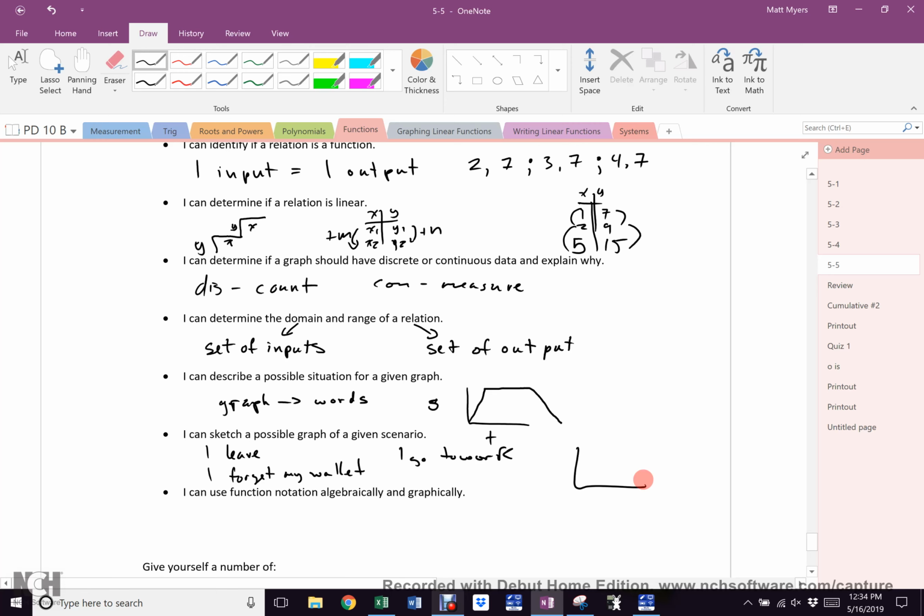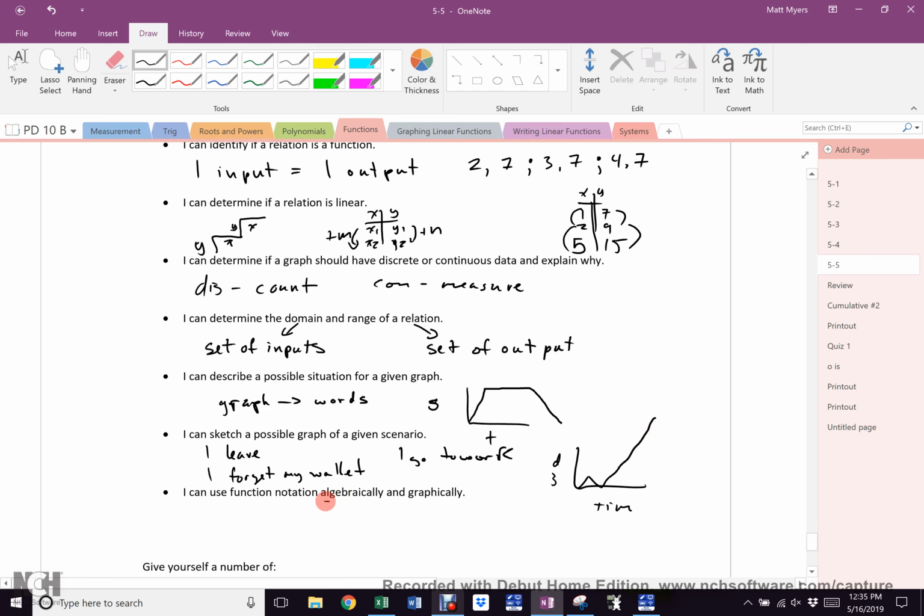Levi. What would you use? Okay, so what would it look like if we were doing displacement and time? It would go up a little bit, and then it would go down because you went back to 0, and then it would go up quite a bit. Up quite a bit to work. Easy peasy. Right?